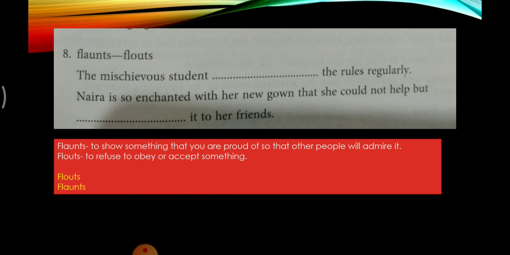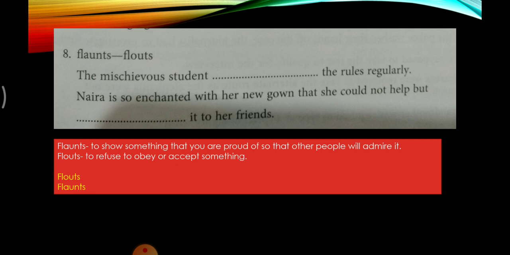Yes, I am flaunting my white dress. Flouts means to refuse to obey or accept something. So here the sentence is, the mischievous student flouts the rules regularly. So the mischievous student doesn't obey or accept the rules of the school or college, and he breaks them regularly.